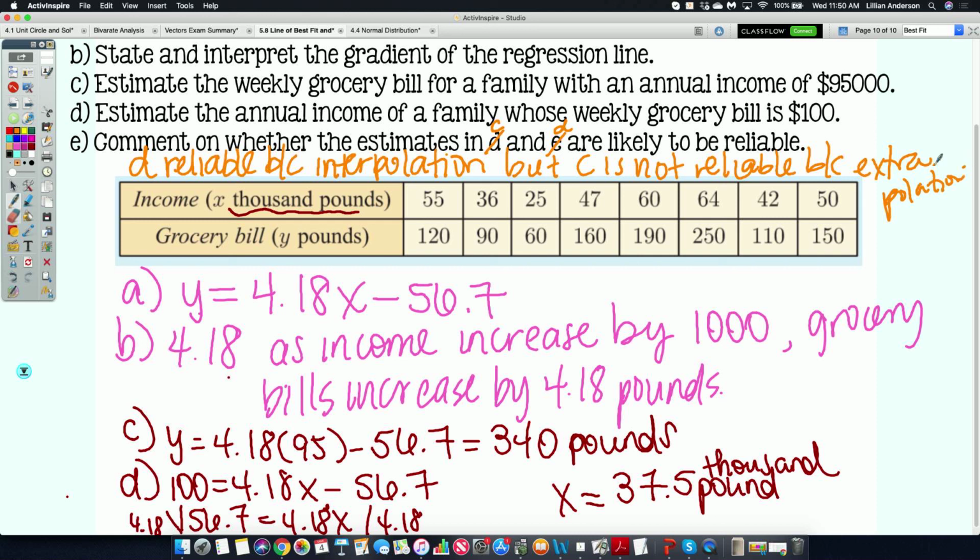And that is how you do it using your calculator. That's how you find the regression equation with your calculator, and that's before we were doing it by eye. But that's it.